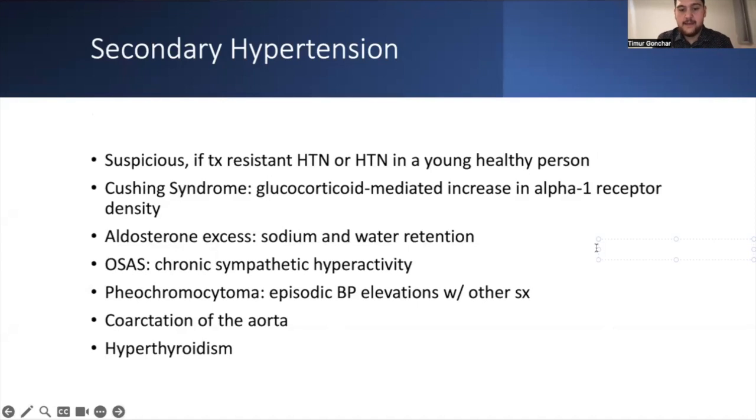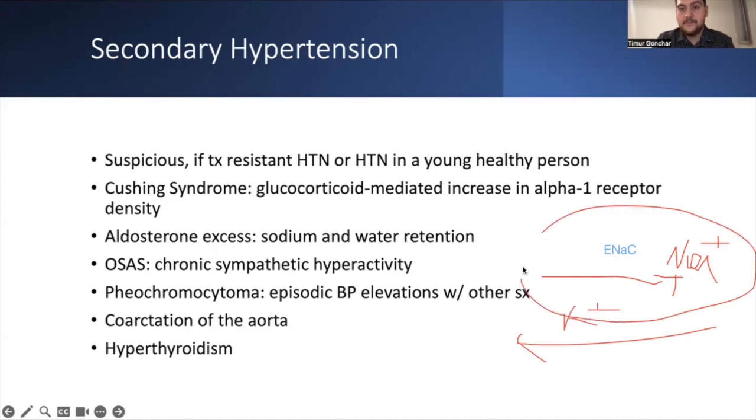So let's say this is an ENaC channel, and then we've got increased sodium resorption, which will inevitably draw water with it, and which will result in potassium dumping out of the kidney. But this is the deciding factor, basically, the aldosterone axis.